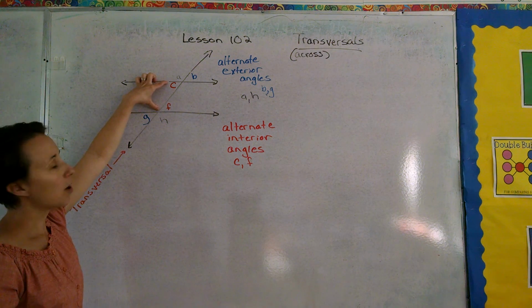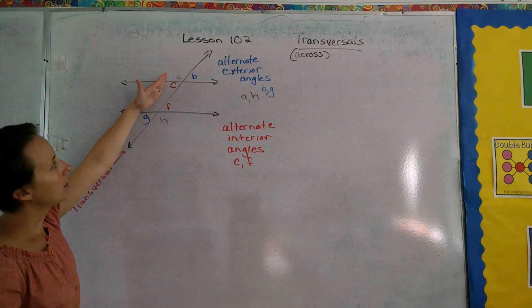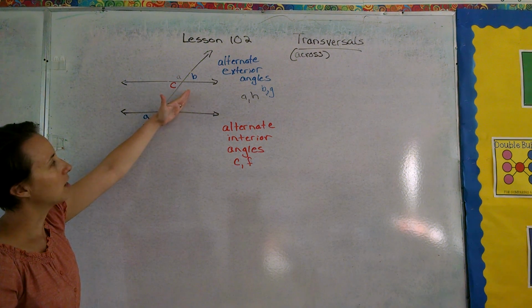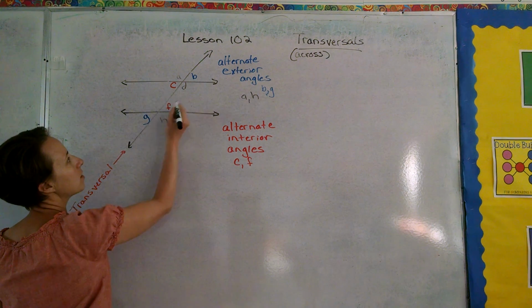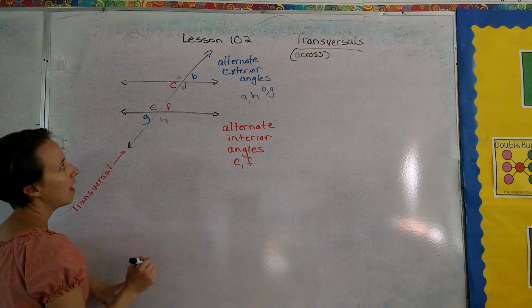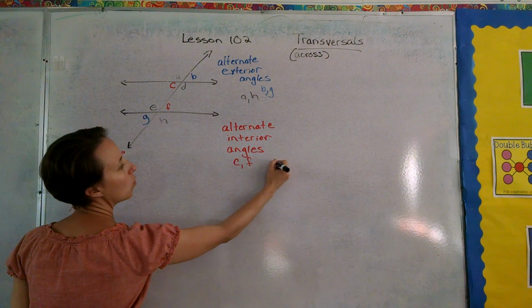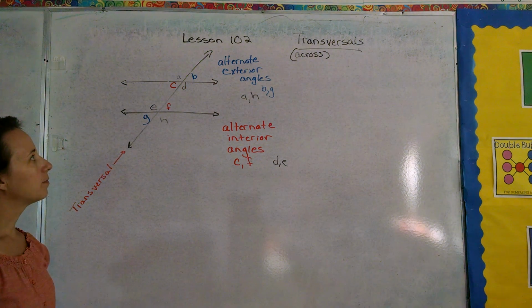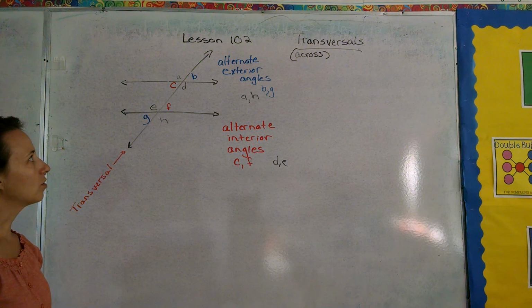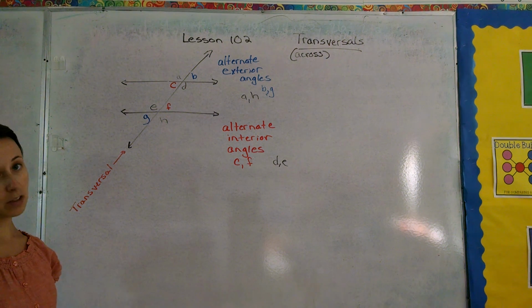They're interior of the parallel lines. C is on one side of the transversal, and F is on the other. That's what makes them alternate. If I filled in the rest of my letters here, D and E would also be considered alternate interior angles. They're on opposite sides of the transversal. All right, that's all the vocabulary.